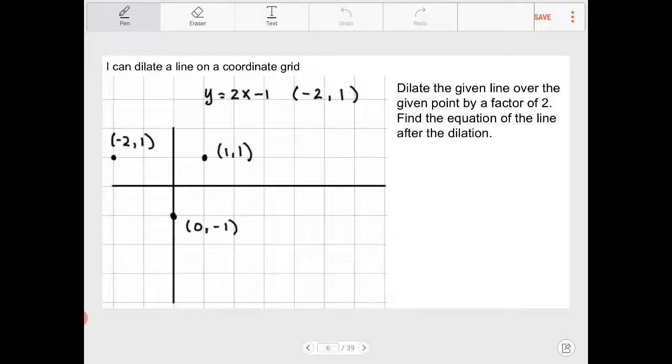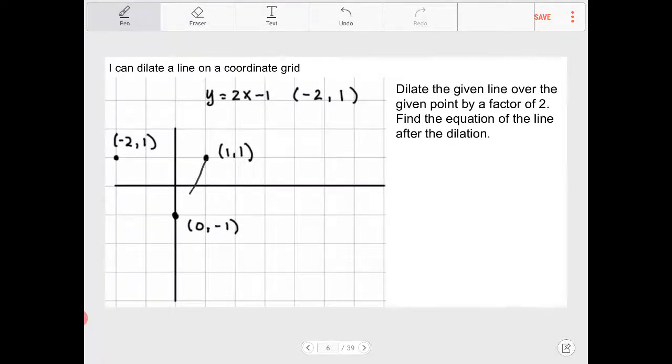So I'm going to take these two points, and I'm going to be dilating not the entire line, but the line segment. This is the approach that I'm going to take to solving this problem. I am going to dilate this line segment over the center of dilation.